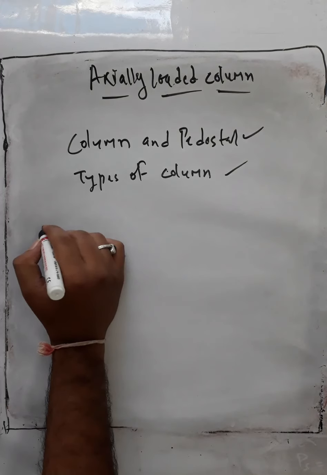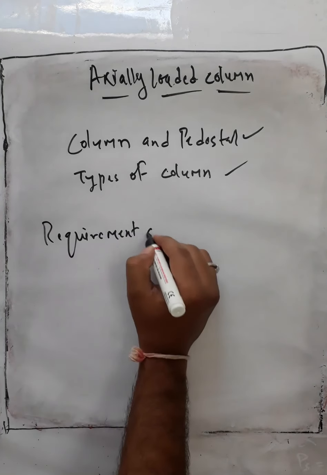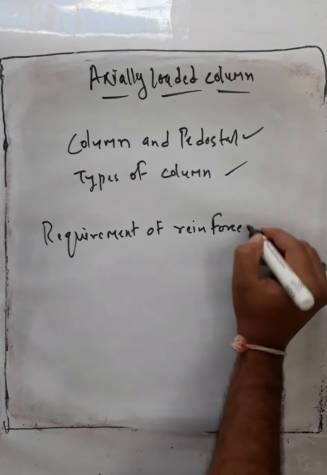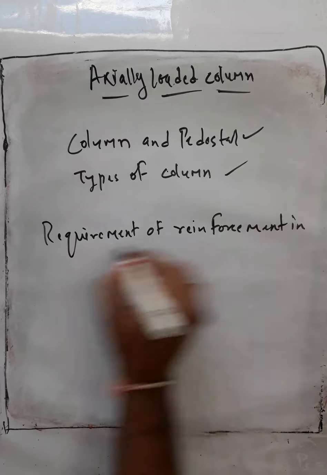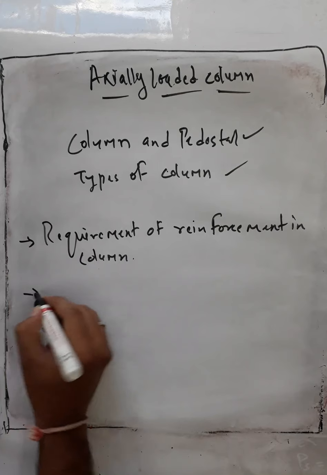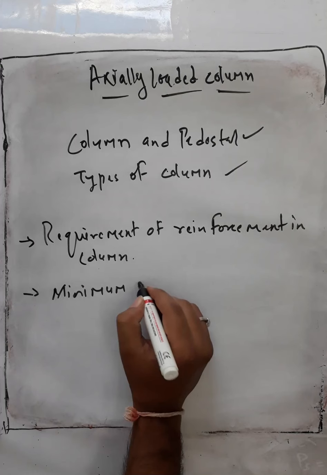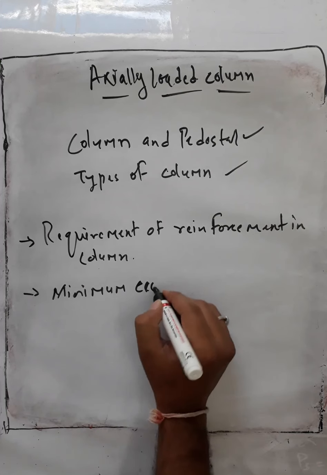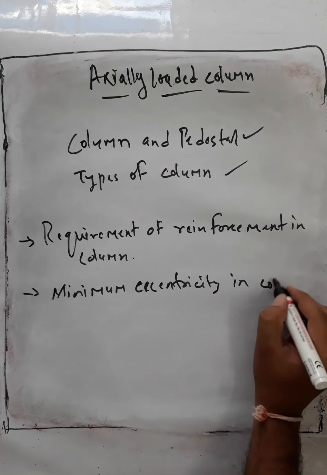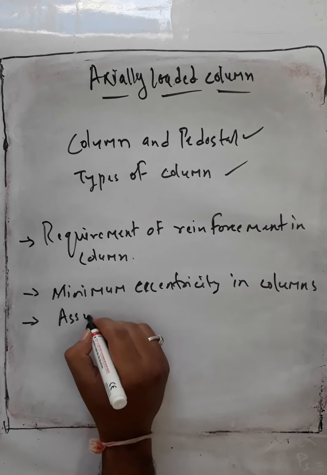Now in this lecture we cover requirement of reinforcement in column, minimum eccentricity in columns, and the last one is the assumption.